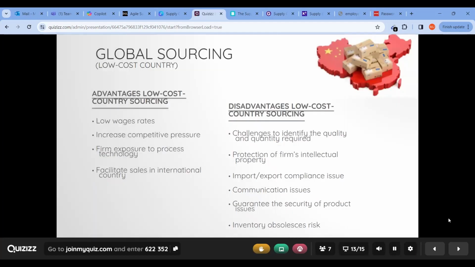So global sourcing, low cost country advantages: low wage rates, increased competitive pressure, firm exposure to process technology, facilitate sales in international countries. Disadvantages of low cost country sourcing: challenges to identify the quality and quantity required, protection of firms' intellectual property, import/export compliance issues, communication issues, guaranteed security of product issues, and inventory obsolescence risks.